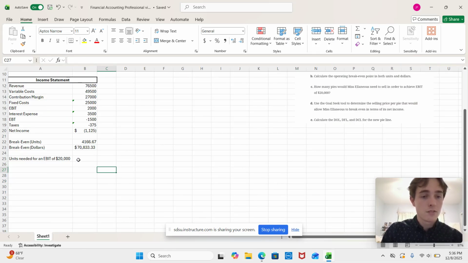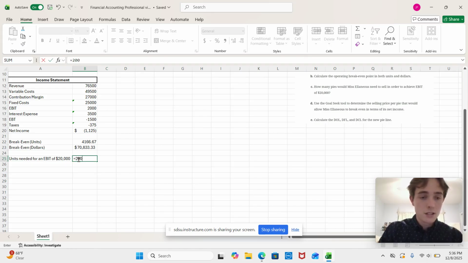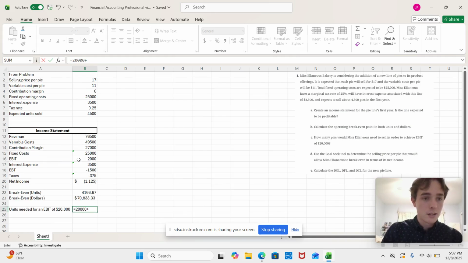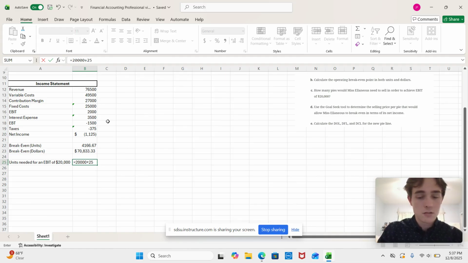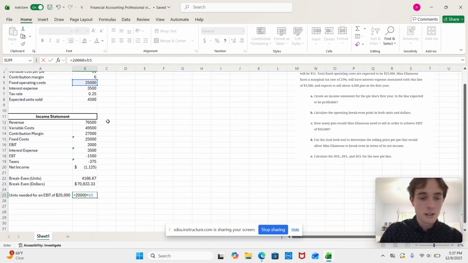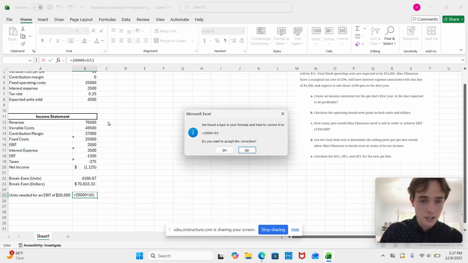Okay, so for this one, we are going to do equal sign, the $20,000, and then we are going to add B5, which is the operating cost. Actually, we're going to put the cell formula into there. Okay, and then we are going to add parentheses to this.